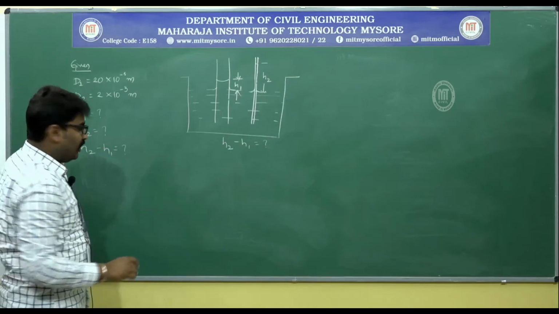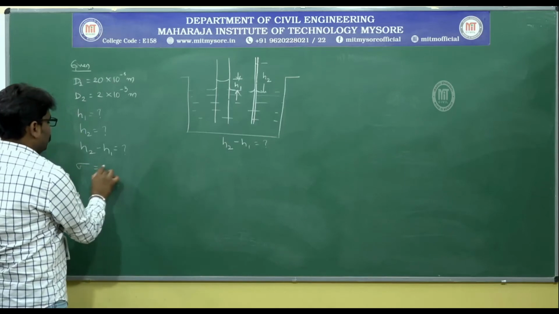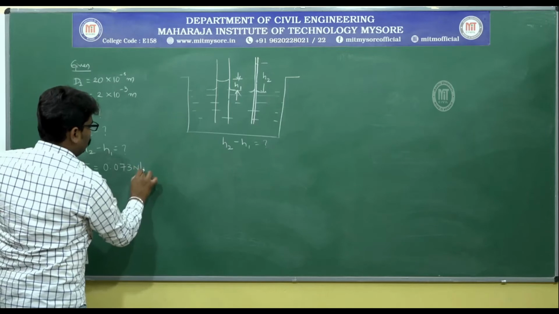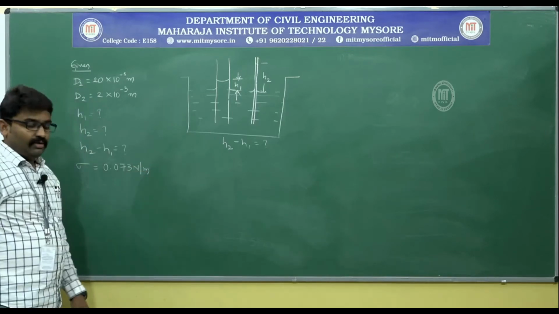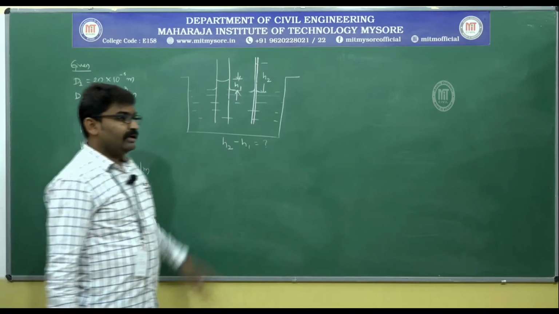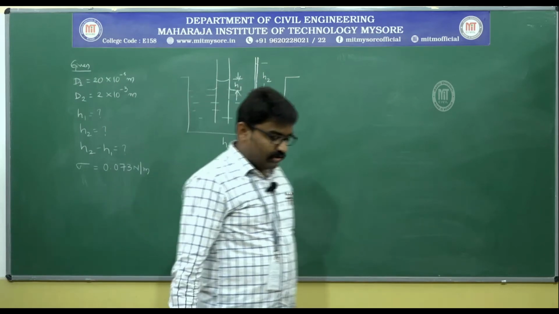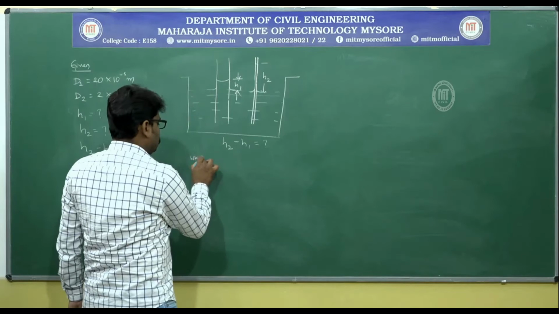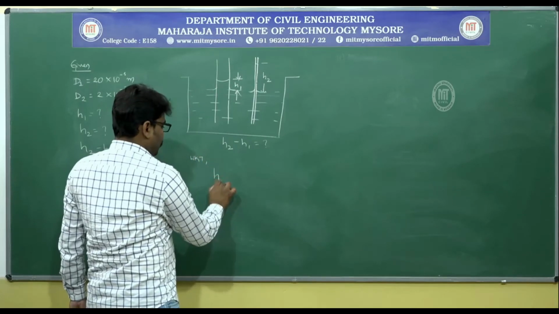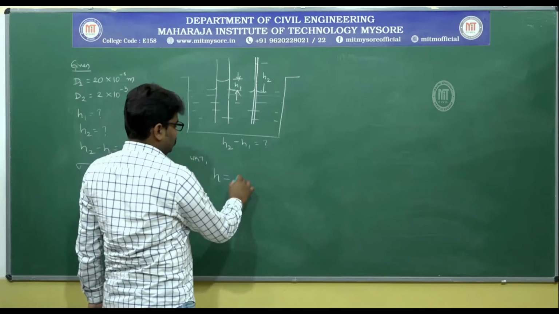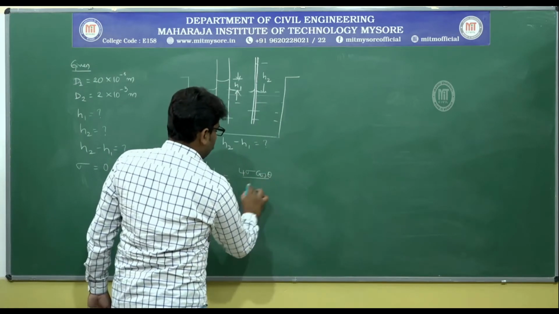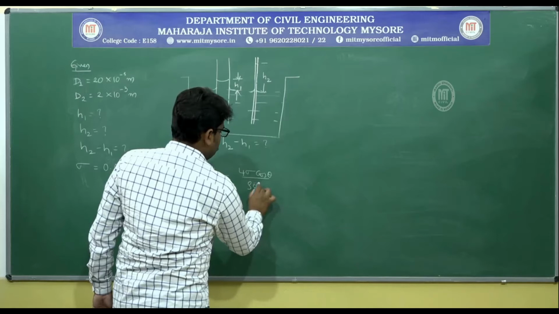This is with the help of sigma, which is given to be 0.073 Newton per meter. What equation binds all of them? Capillary rise is given as 4 sigma cos theta by rho g D. We know that capillary rise, H is equal to 4 sigma cos theta by rho g D.